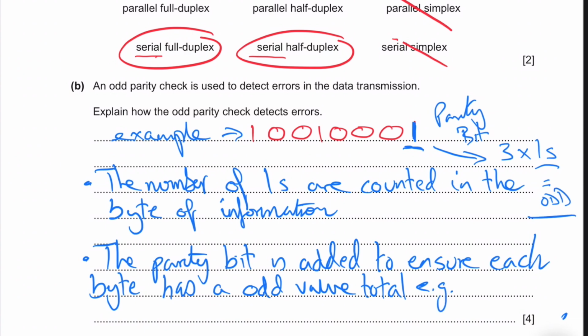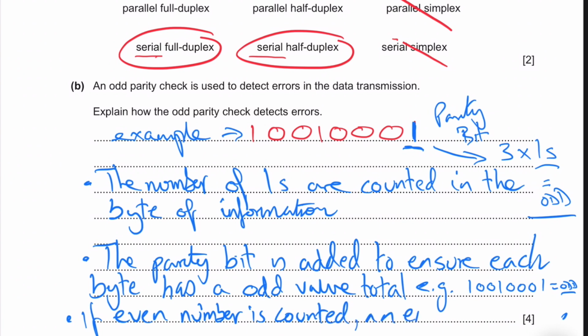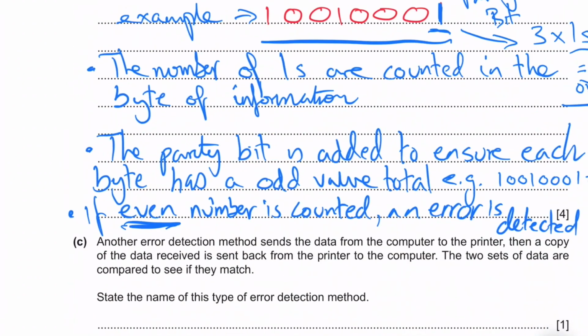For example, 100100001 equals odd. If an even number is counted, an error is detected. That would get us the 4 marks, I would have thought. I've got to put my example in. Always good to have an example. The parity bit is added to ensure each byte has an odd value total.